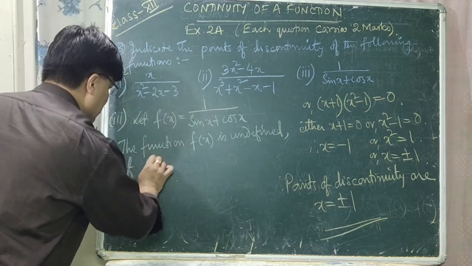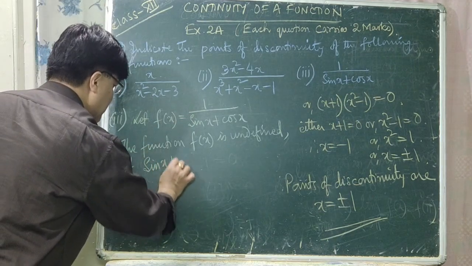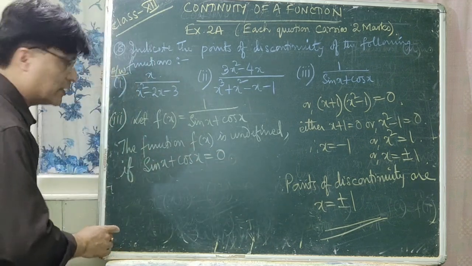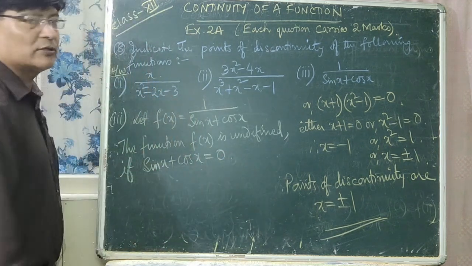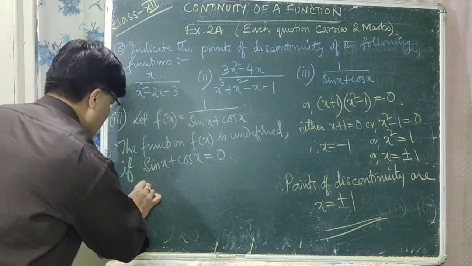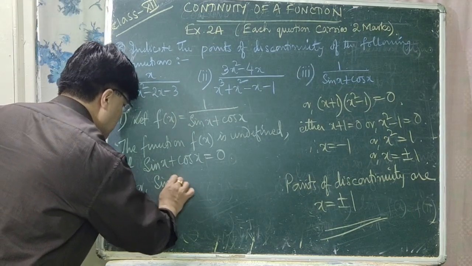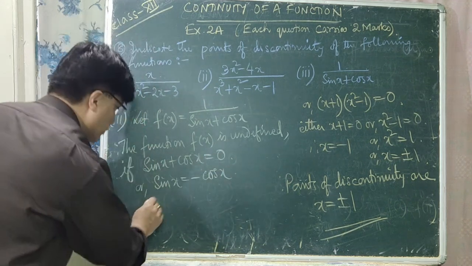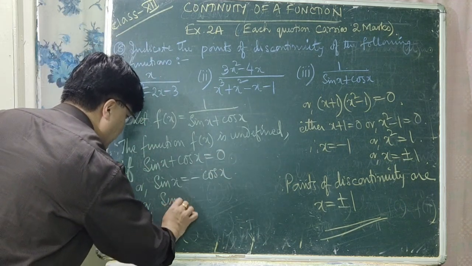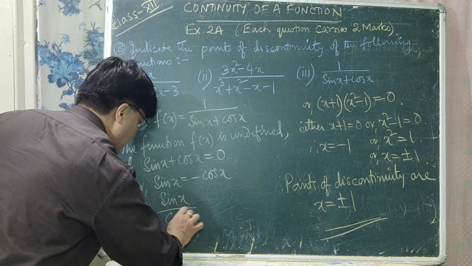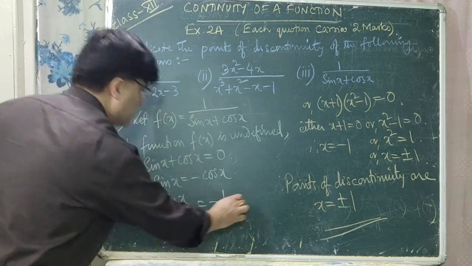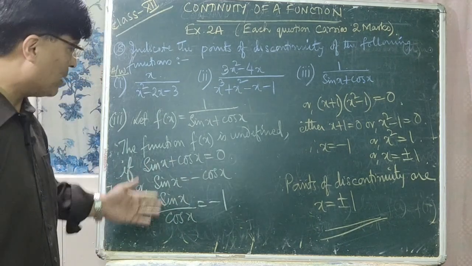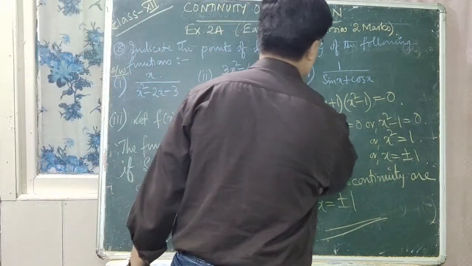What is the denominator here? It is sin x plus cos x is equal to 0. Okay, now let us solve it to get the value for x. So it is sin x is equal to minus cos x. Divide both the sides by cos x. What do we get? Sin x by cos x is equal to minus 1, because cos x divided by cos x is 1. So we have divided both the sides by cos x.